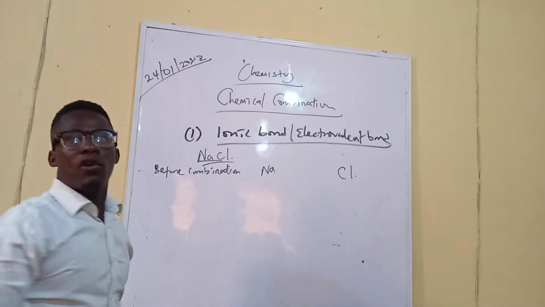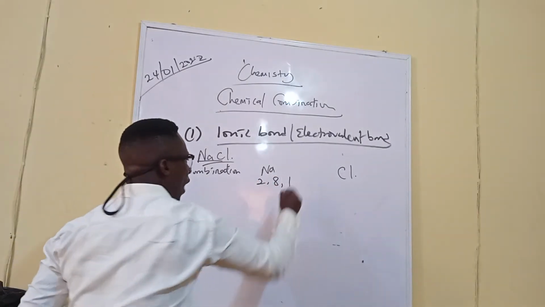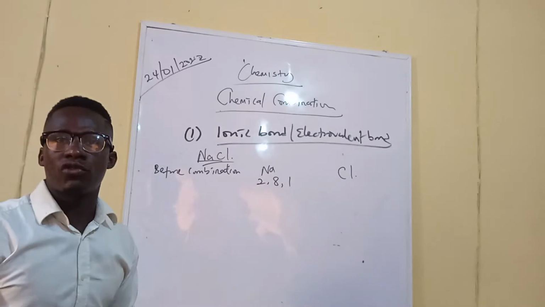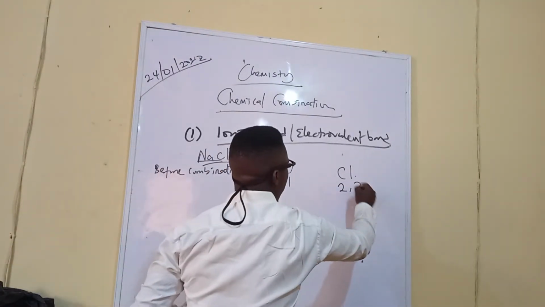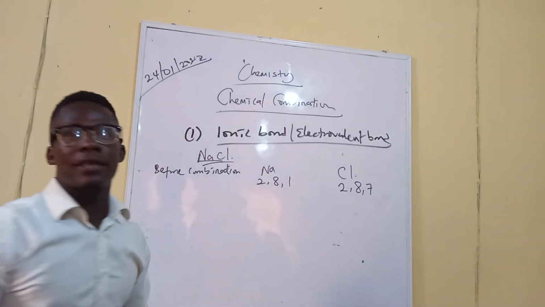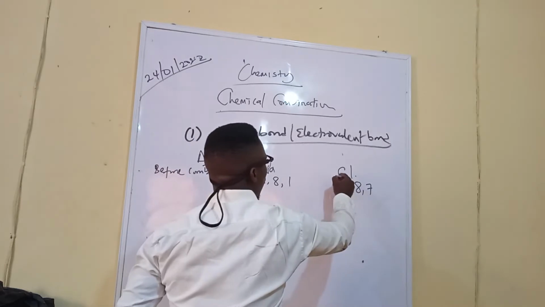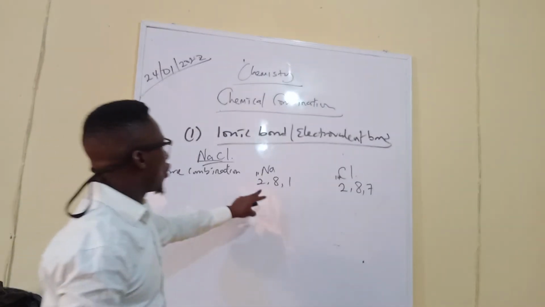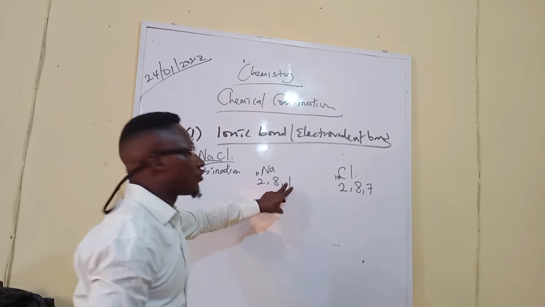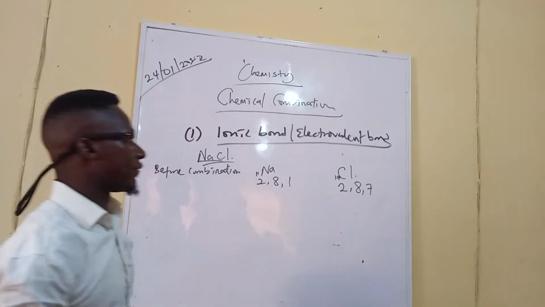So the electronic configuration of sodium is 2, 8, 1, while the electronic configuration of chlorine is 2, 8, 7. Remember, sodium has an atomic number of 11, while chlorine has an atomic number of what? 17. Now, sodium has a valence electron of 1, while chlorine has a valence electron of 7.